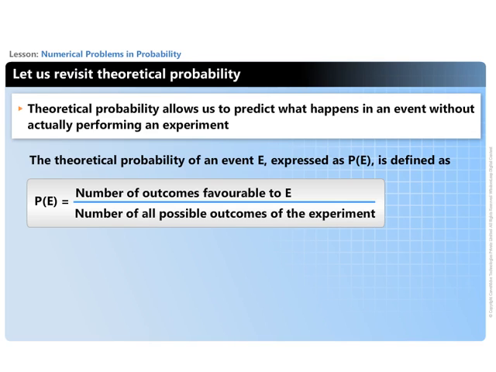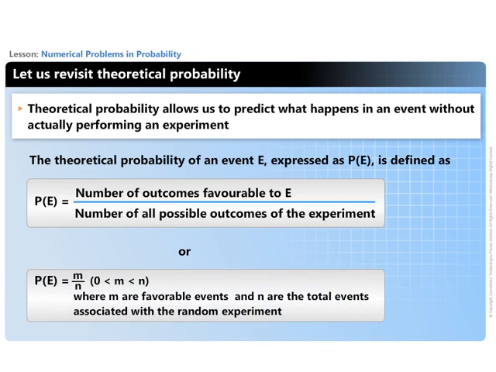P(E) is equal to M over N, for M greater than 0 and less than N, where M is the favorable events and N is the total events associated with the random experiment.